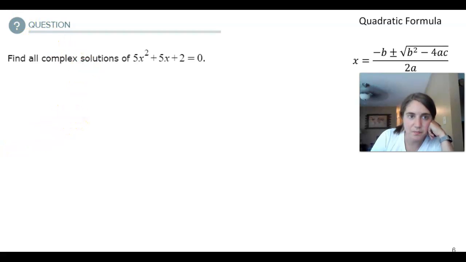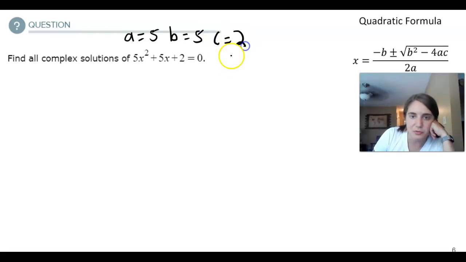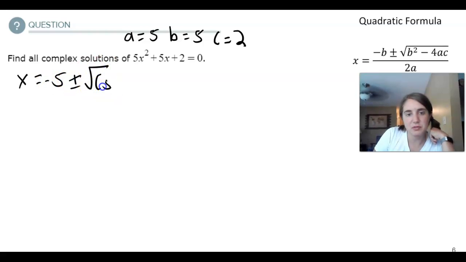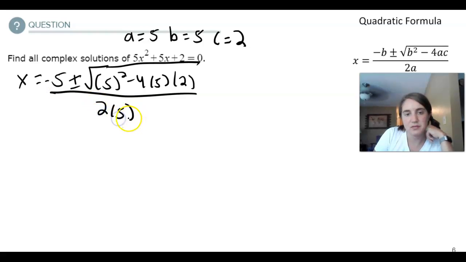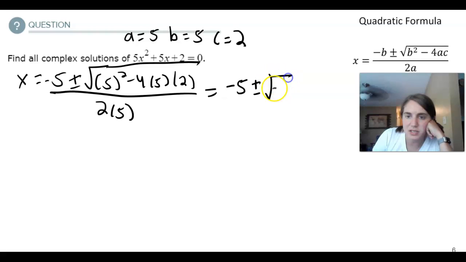Okay, this one is also going to have complex roots. A equals 5, b equals 5, c equals 2. So x equals -b plus or minus the square root of b squared minus 4ac all over 2a. -5 plus or minus, this becomes the square root of -15, over 10.